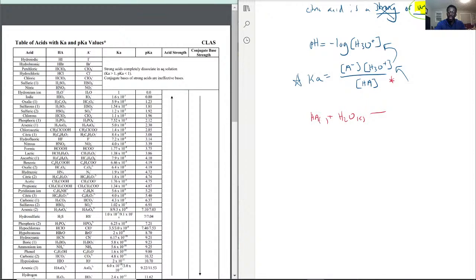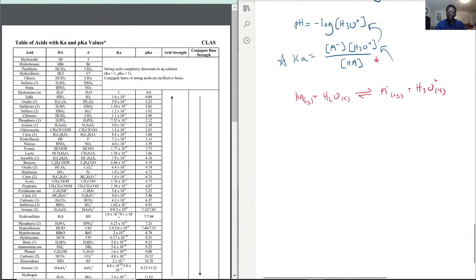That's why everything else is aqueous except water, which is just a liquid, and it turns into A minus, the conjugate base of citric acid, plus H3O, which is also aqueous. That's how we get that.